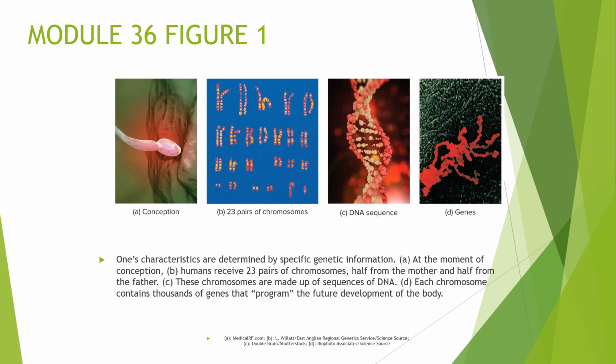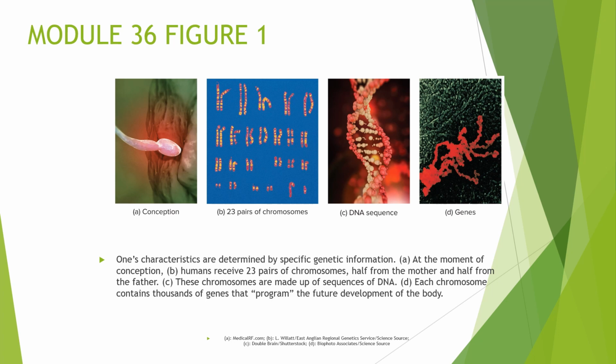So this picture, figure 1, this is at the top of page 378. And here you can see conception, right? That is the sperm entering, and it will connect with an egg. So this is the moment of conception. In letter B's figure, humans receive 23 pairs of chromosomes, half of them from the mother and half of them from the father.